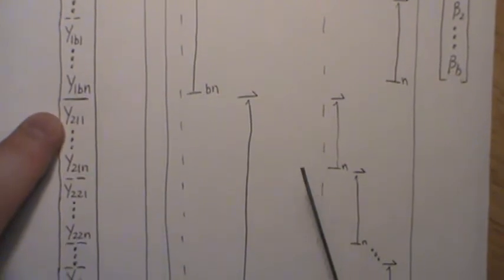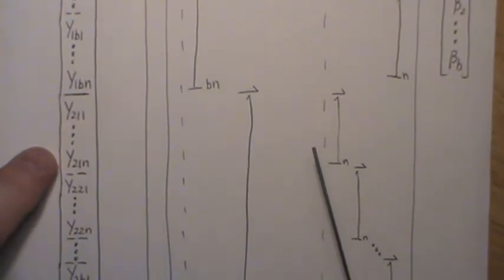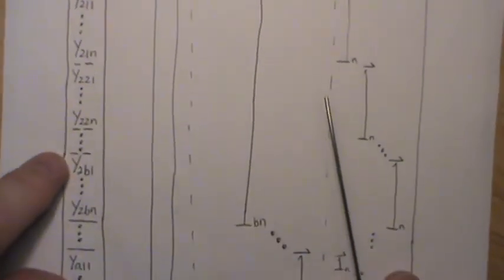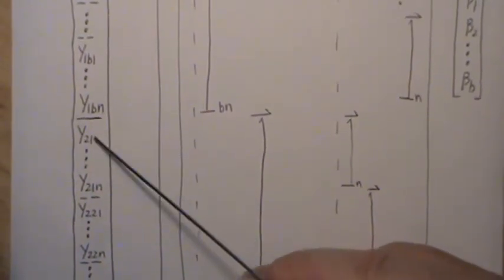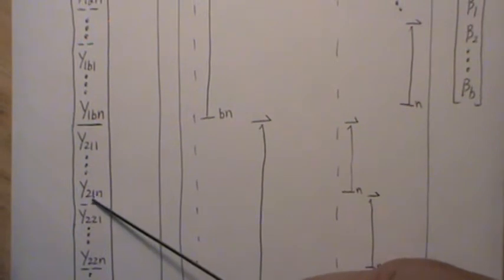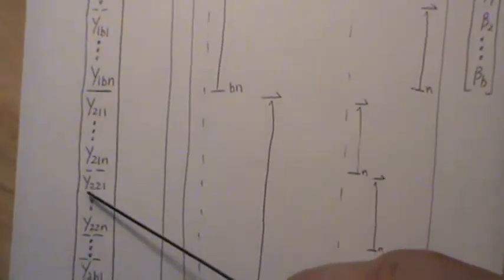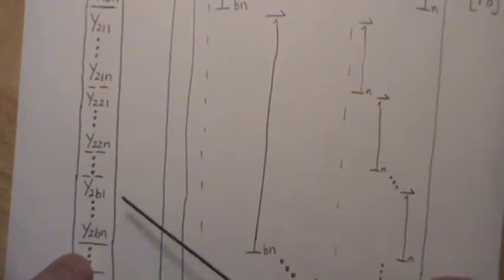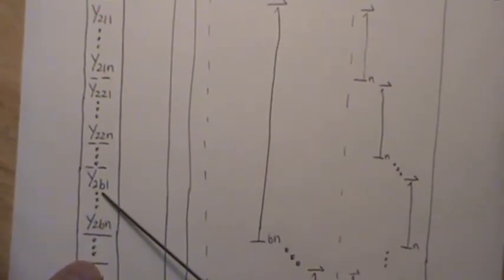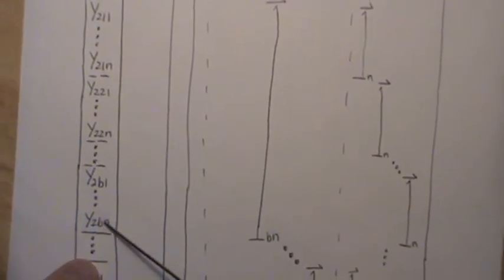So this is factor level A2, and you list them all right in a row, and then within that you go factor level B1, and then the replicates, B2, and then the replicates, all the way to the bth level of factor B, and all the replicates.